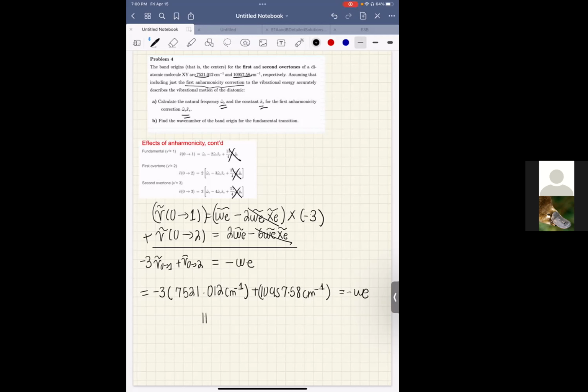It'll be 11,605.546 equals ωe. So we have the first constant, ωe.